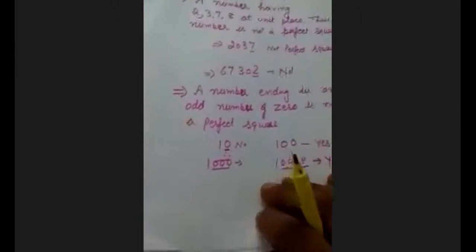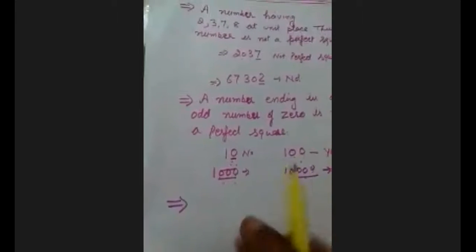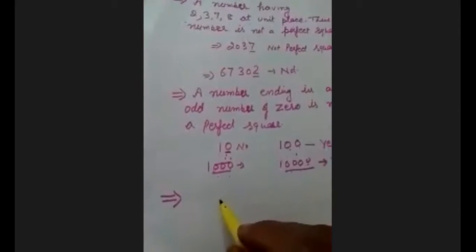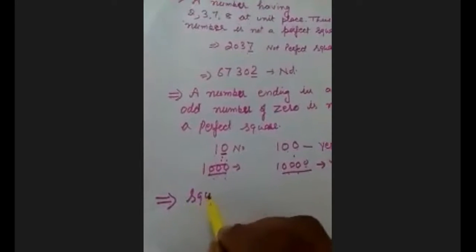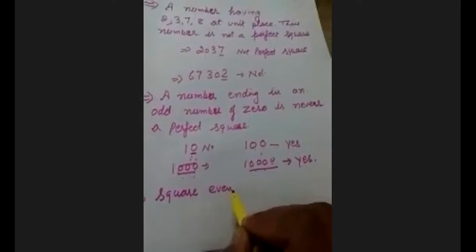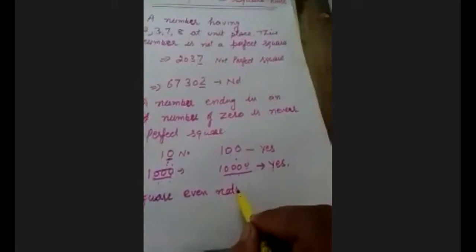Next is the third property. Squares of even natural numbers are even, and squares of odd natural numbers are odd.